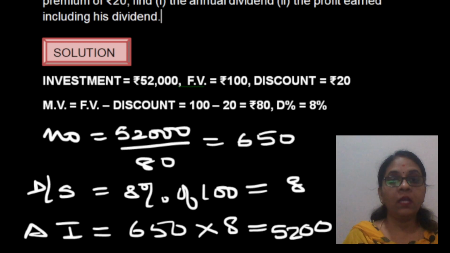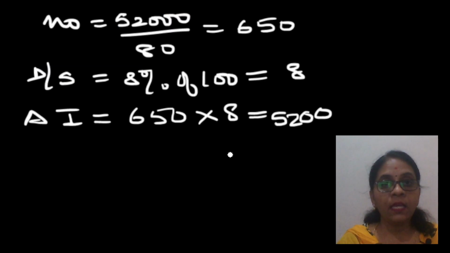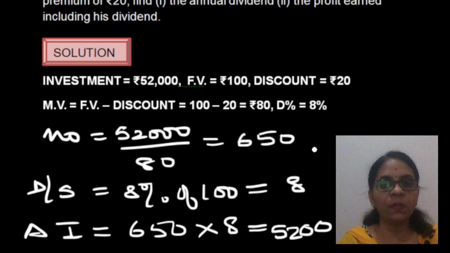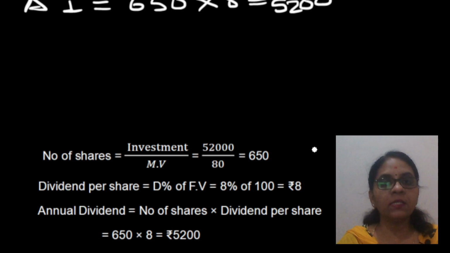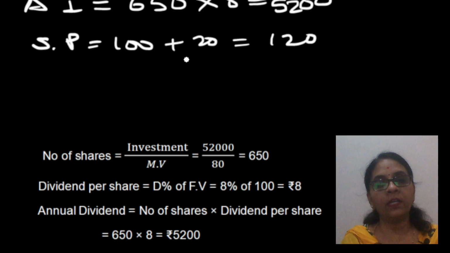5,200. Now, again if you go back to the question and see, he is selling the shares at a premium of 20 rupees, which means the selling price of the share is 100 plus 20, which is 120 rupees.